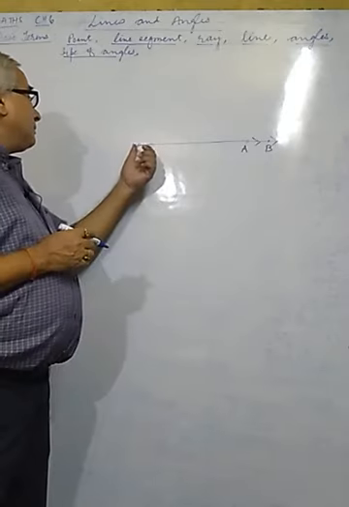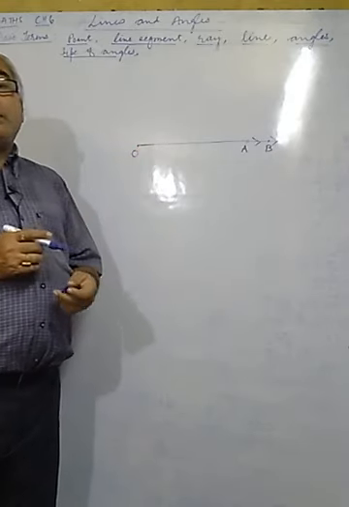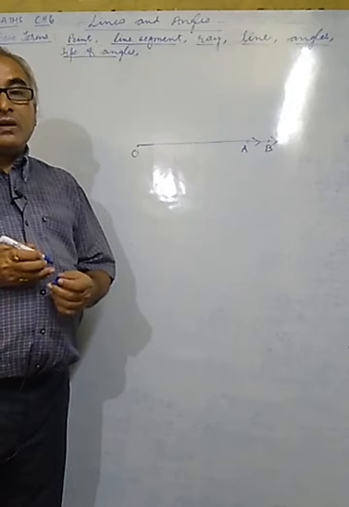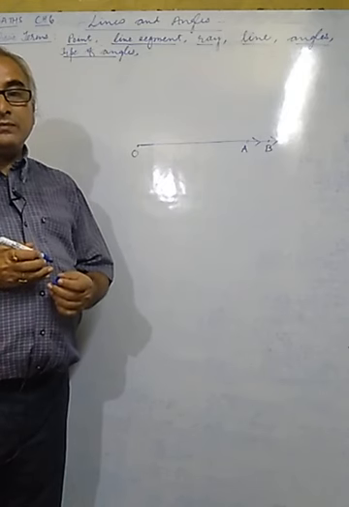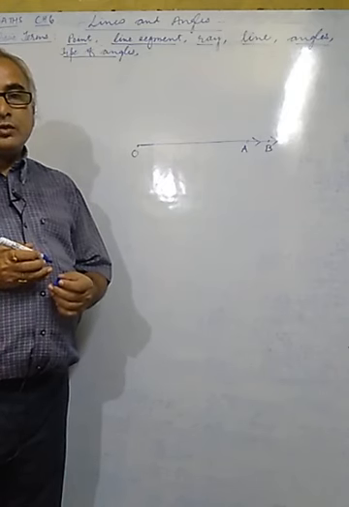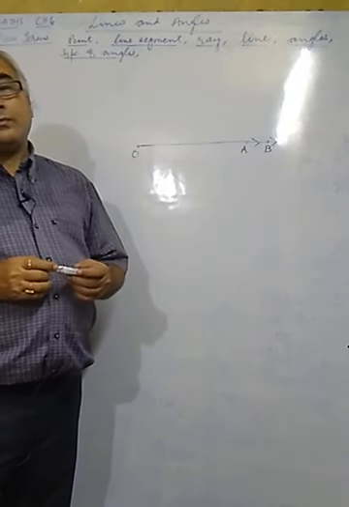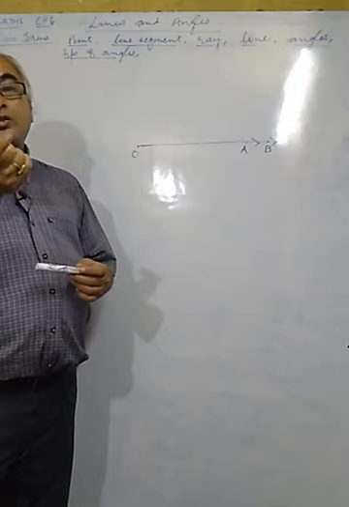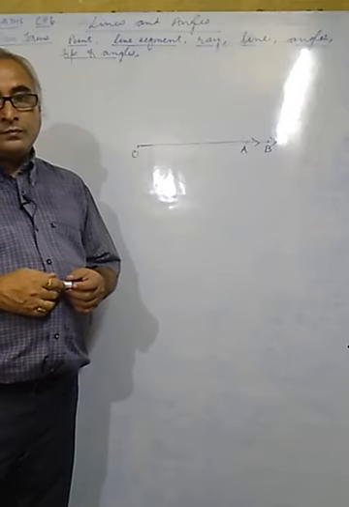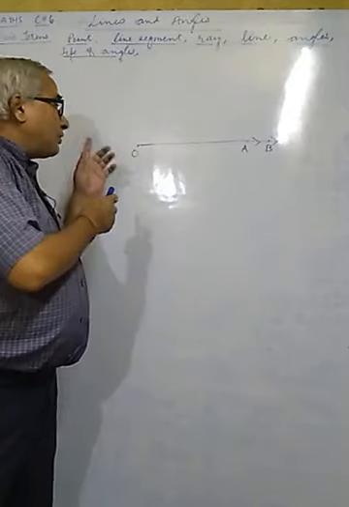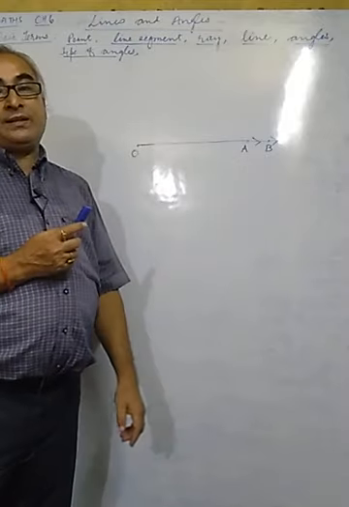So can you calculate here the magnitude of curvature or magnitude of turning? What will it be? Definitely it will be equal to 0, because both are following the same track.